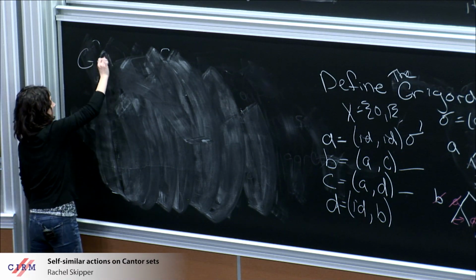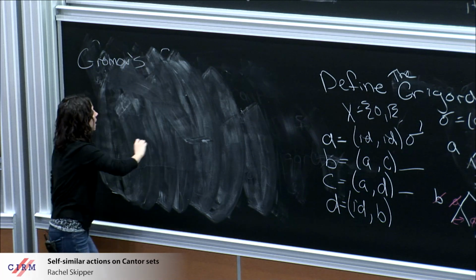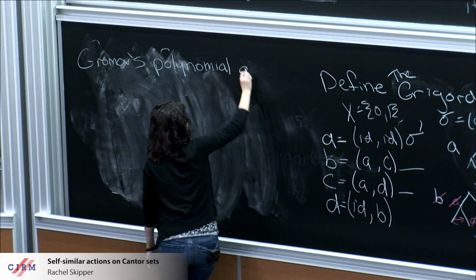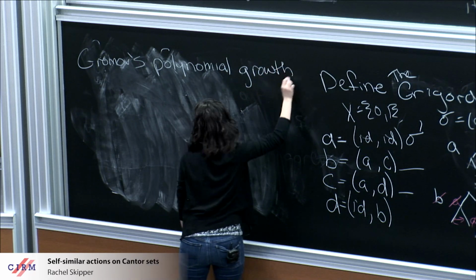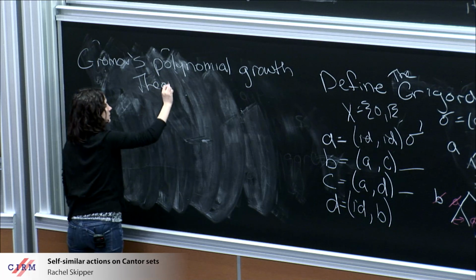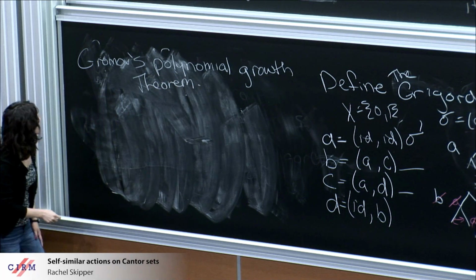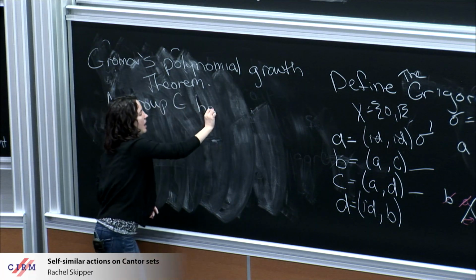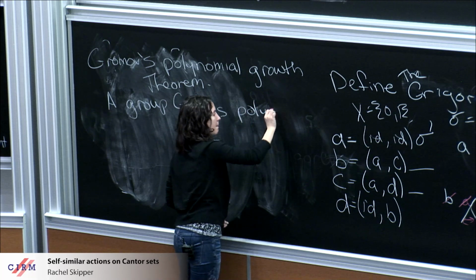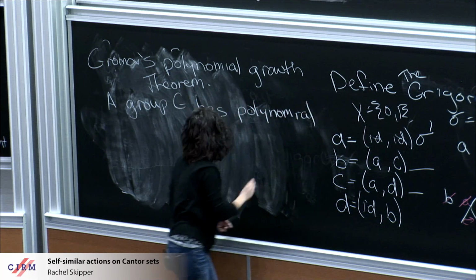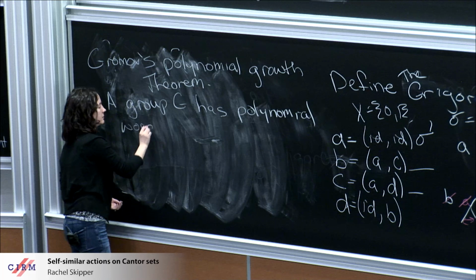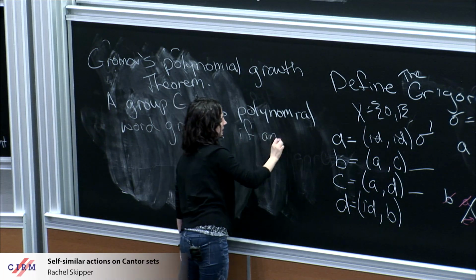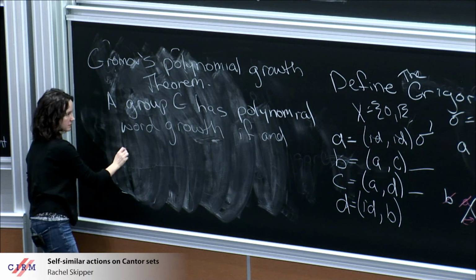So really this starts with Gromov's polynomial growth theorem, which says a group G has polynomial word growth if and only if it is virtually nilpotent.